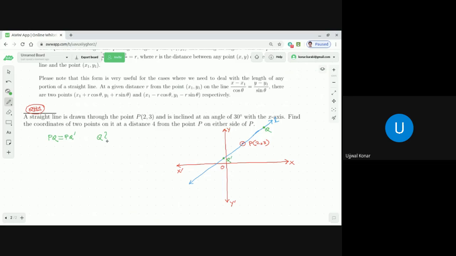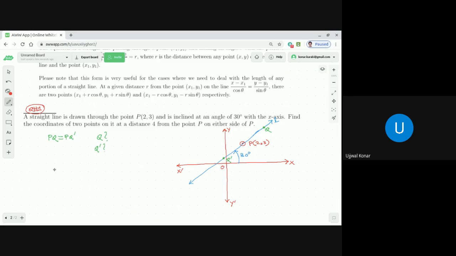Our task is to find the coordinates of Q and Q dash. And the angle made by this straight line with the positive direction of the x-axis is 30 degree, according to the question.